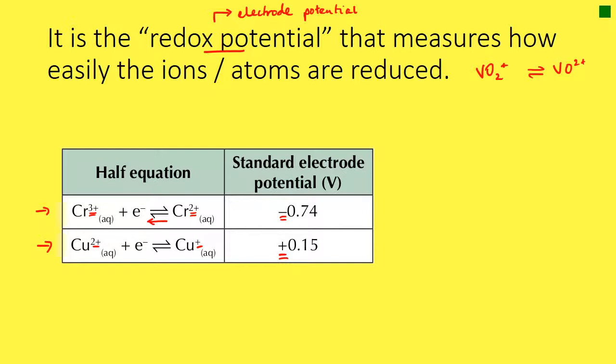So that's a quick reminder on electrode potentials and their synonym, redox potentials. And what we're going to do now is learn about how the redox potentials are influenced by things like the pH of the solution and what ligand is involved.